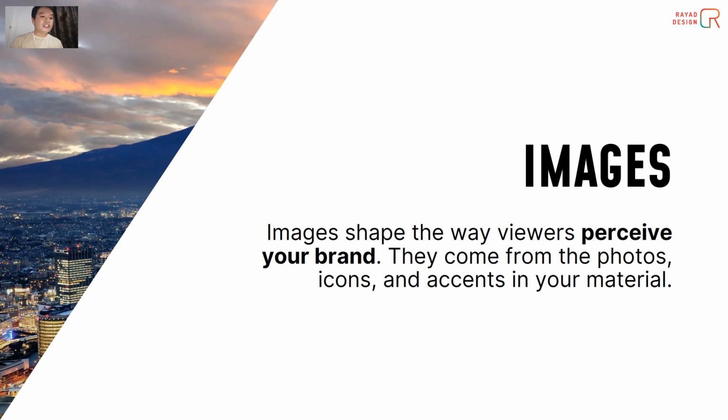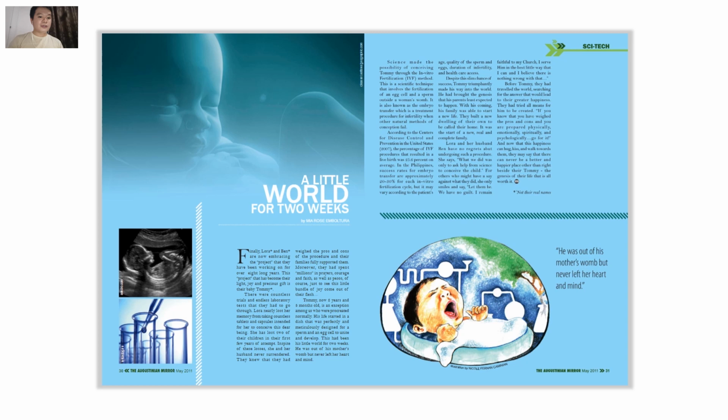Images. So images shape the way viewers perceive your brand. They come from photos, icons, and accents in your material. So this one is actually a magazine spread of the Augustinian Mirror, and it's quite laid back because it's way back in 2011 when I was still getting a grip of page design.